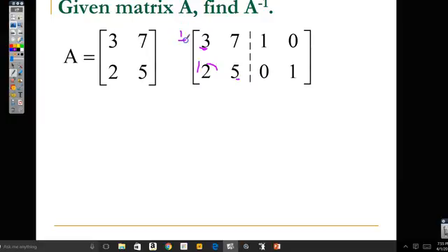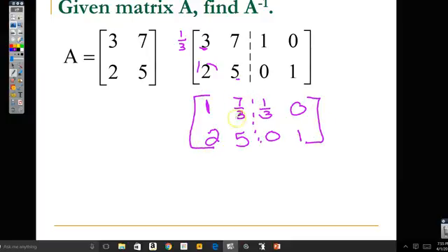So first off, we're going to multiply by 1/3. 1/3 times 3 is 1. 1/3 times 7 is 7/3. 1/3 times 1 is 1/3. And 1/3 times 0 is 0. And then we will not touch the bottom row.